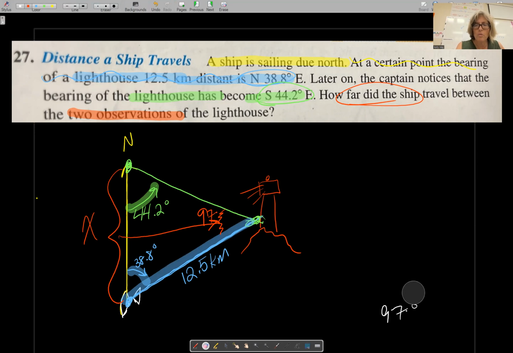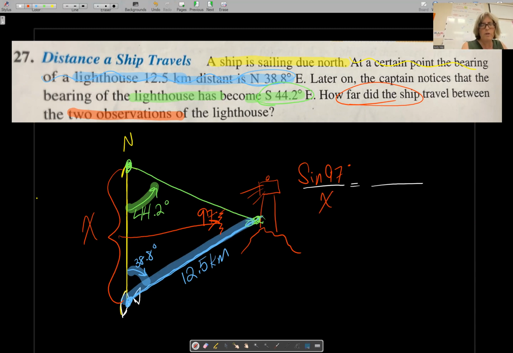The law of sines works with the sine of the angle with its opposite side. So we're going to do the sine of 97 degrees over x. You could flip that too, it really doesn't matter, but you work with the angle and its opposite side.